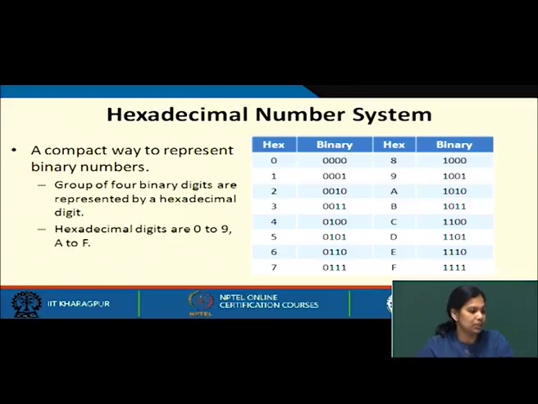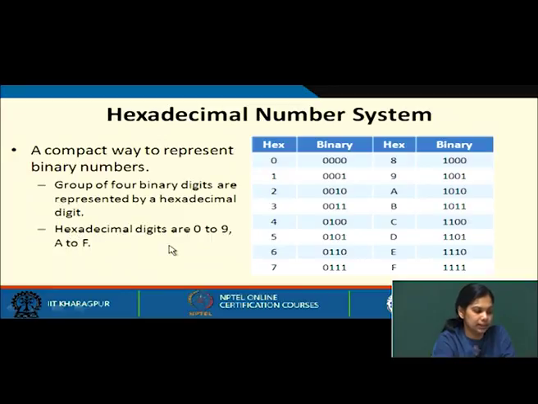So, the hexadecimal number system is a compact way to represent binary numbers. This is an efficient way where basically we group 4 binary digits and they are represented by one hexadecimal digit. And what are the hexadecimal digits?